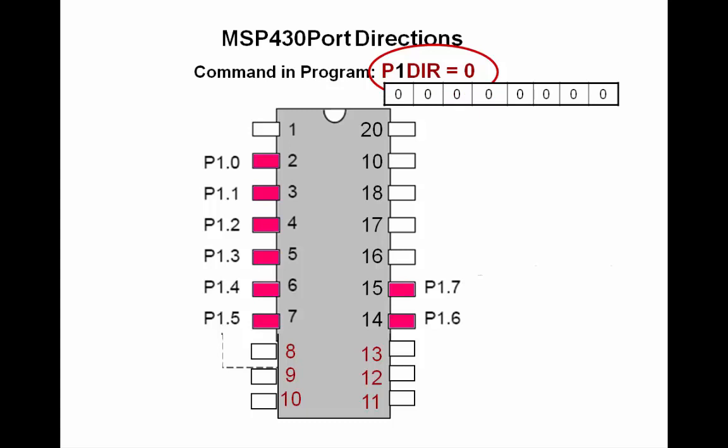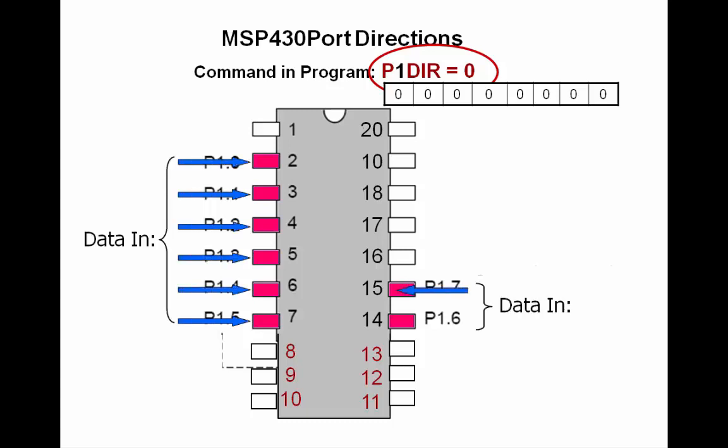That means setting a register inside the microcontroller with all its bits equal to 0. That register determines the directionality of each of the pins in port 1. In this case, 0 indicates that all of the pins are designated as inputs. Data will come in from the outside world and be read in by the microcontroller program and used to do something.